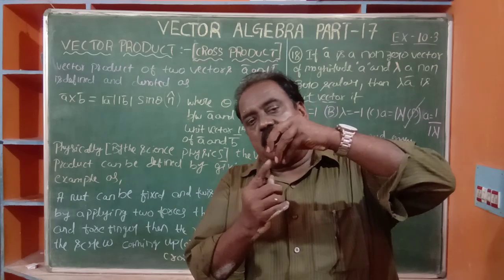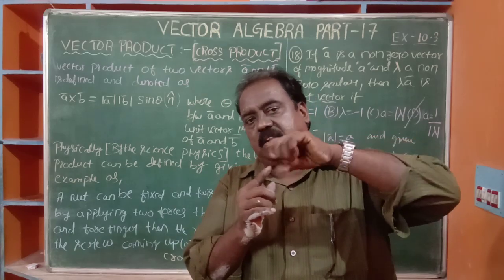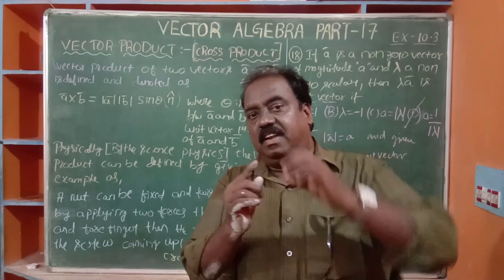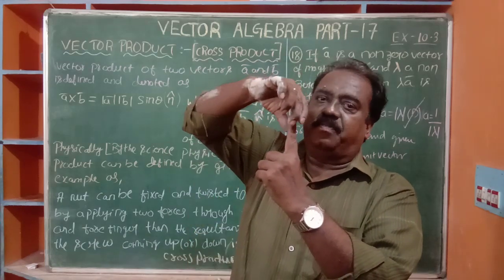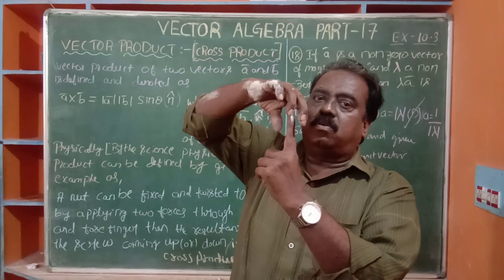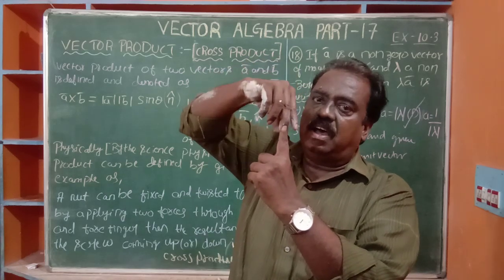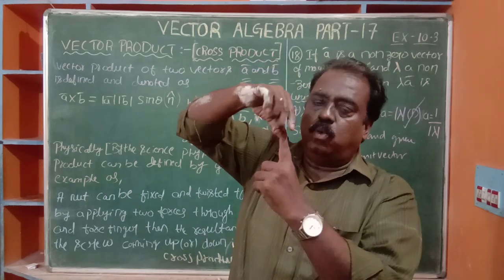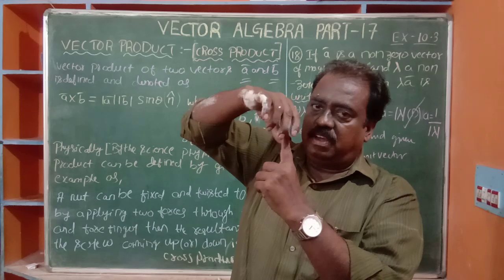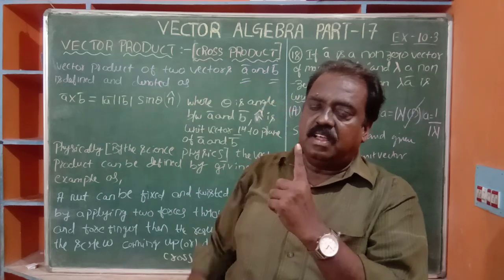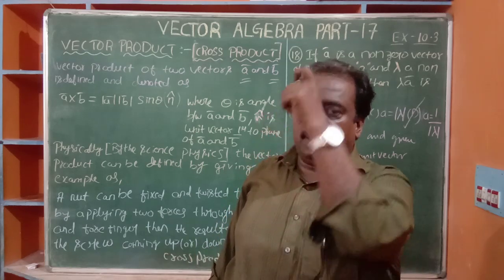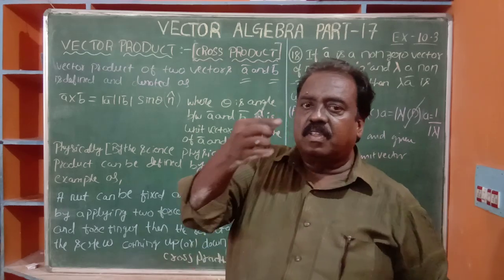We fix the nut to the screw and we twist. Twisting the nut means the resultant is that the screw is going up or coming down.